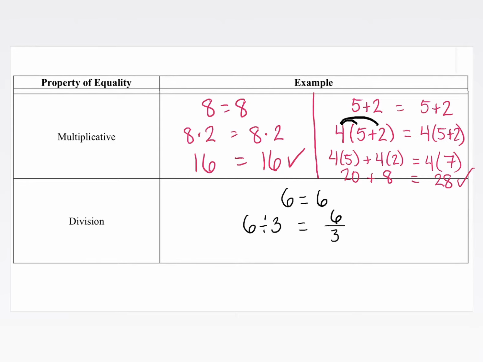Now this division sign on the left-hand side is definitely more traditional, but we can also demonstrate division on the right-hand side using a fraction. So note, whenever you see a fraction, you are actually seeing division. So we can read this as 6 divided by 3 is 2, and 6 divided by 3 is also 2, so it's balanced.